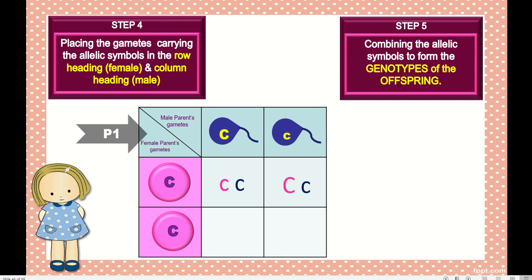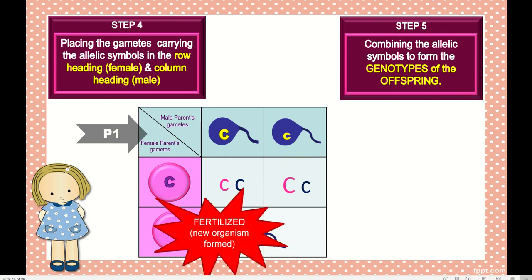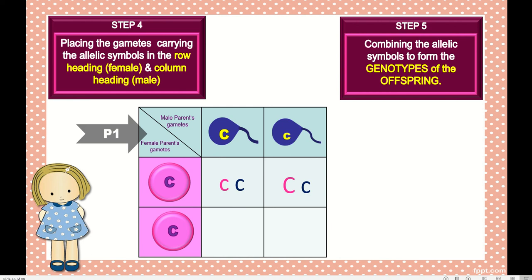Just take note that they are both capital C, capital C. Then there is also a chance that this egg will be fertilized by this sperm carrying that specific allele, and a new organism is formed with that genotype.